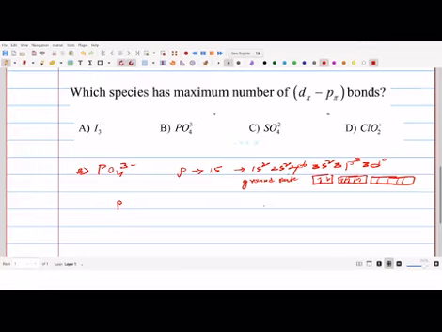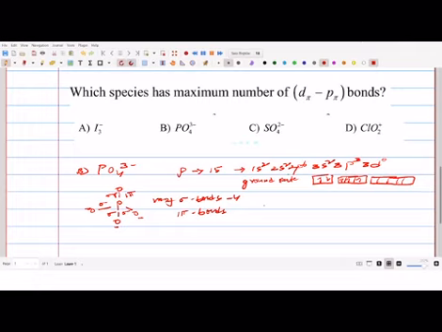Phosphorus has 5 valence electrons, so it forms a double bond with one oxygen and single bonds with O minus, O minus, O minus. Phosphorus forms 4 sigma bonds and 1 pi bond, so a total of 5 bonds should be present. Here there are 3 vacant orbitals in the 3p, and the number of bonds is 5.